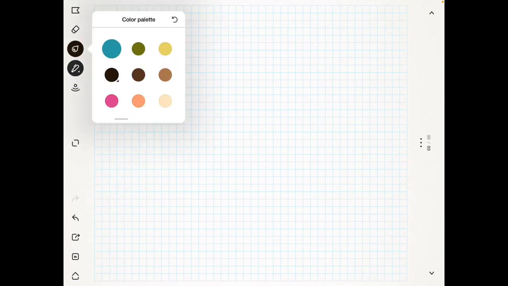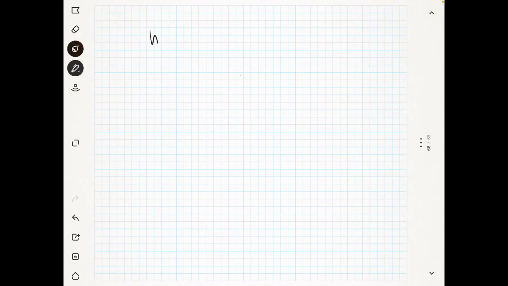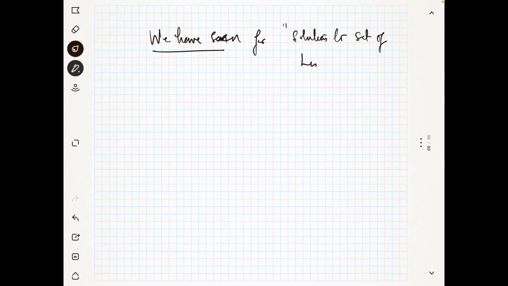So we have seen all the direct methods for solution of a set of linear equations. What was the first method? We have seen by using Cramer's rule.